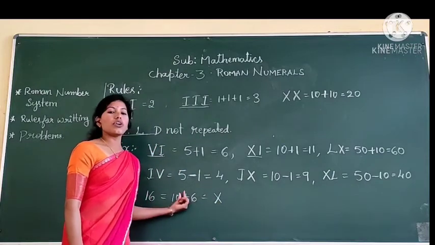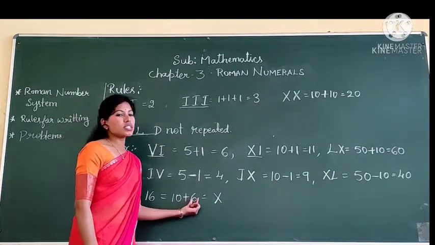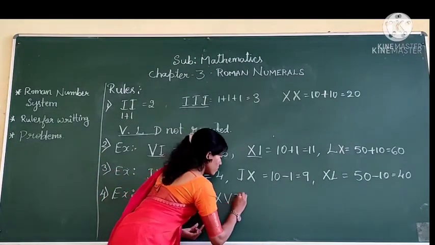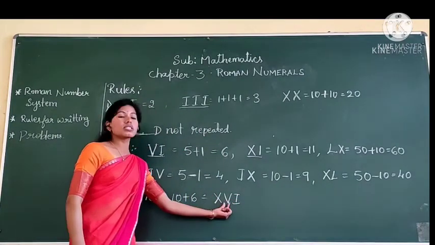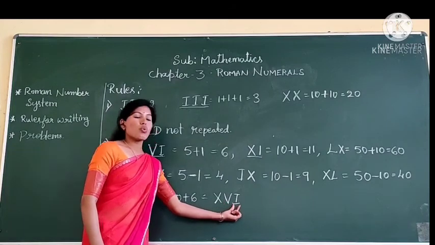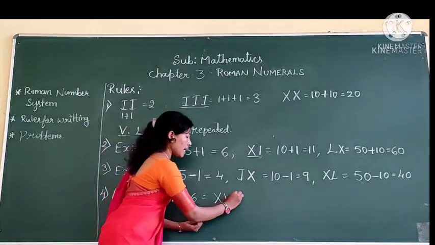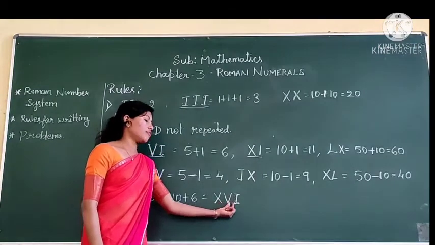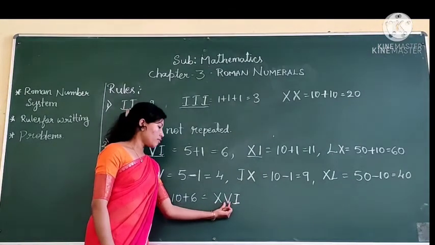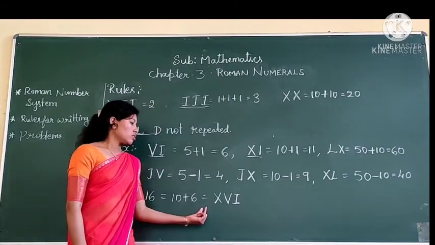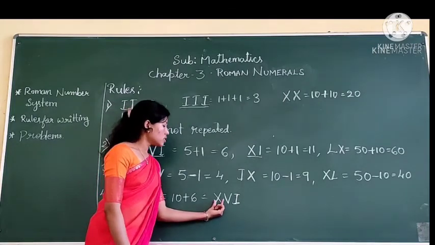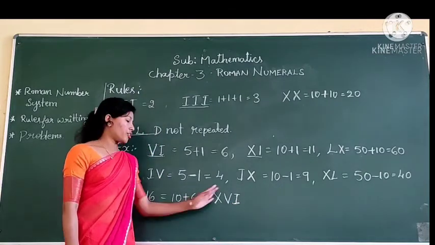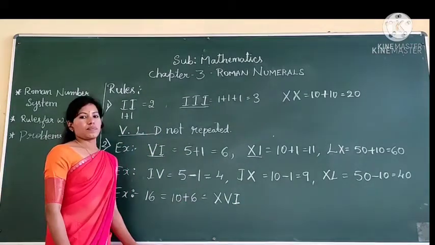X is equal to 10. For 6 we have to write VI. V means 5, I means 1. Here this I comes after the greater number, so we have to add 5 plus 1, 6. So this is 10 plus 5 plus 1, which is equal to 16.